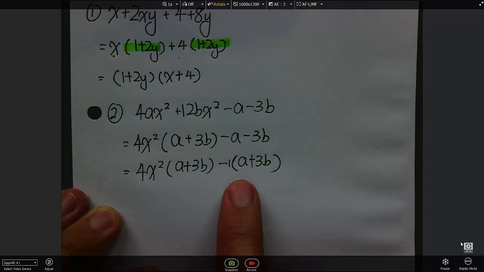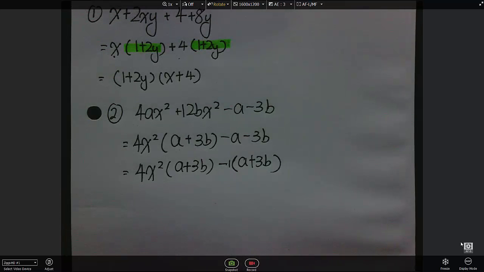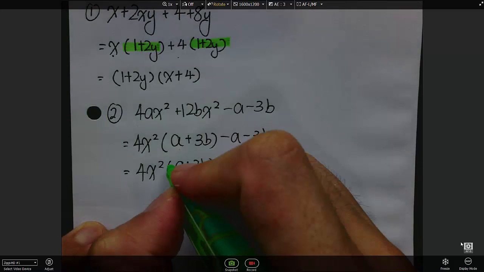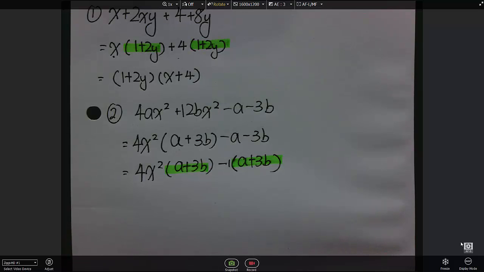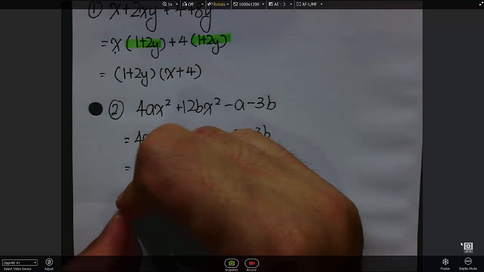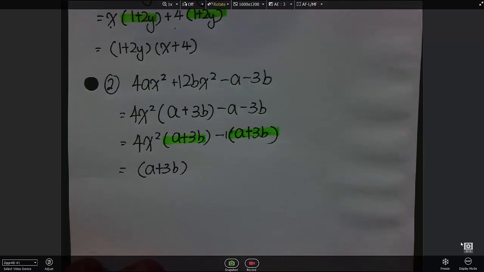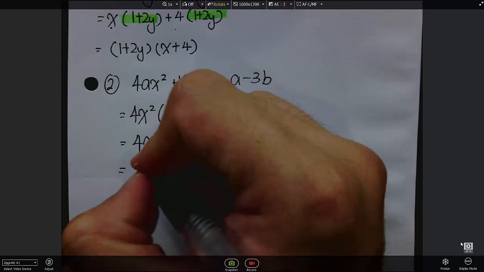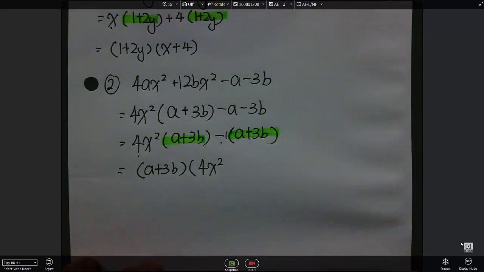Now we look for the common factor from these 2 groups, and the common factor is a plus 3b. If I factorize out a plus 3b, what I'm left with is 4x squared minus 1.